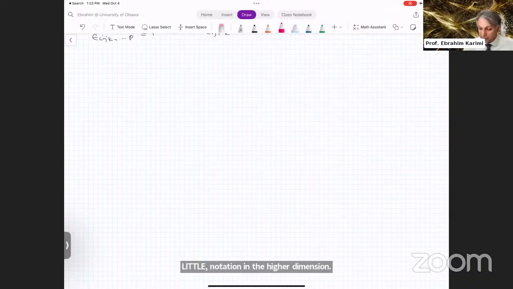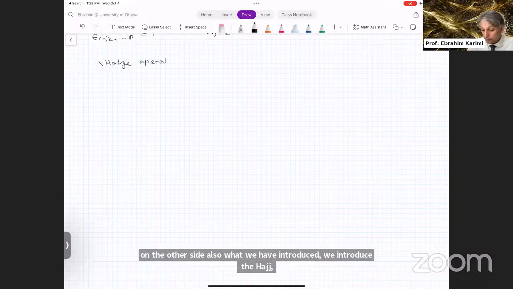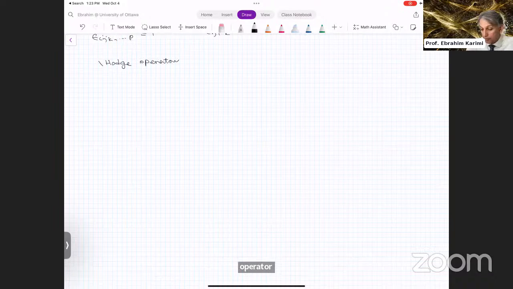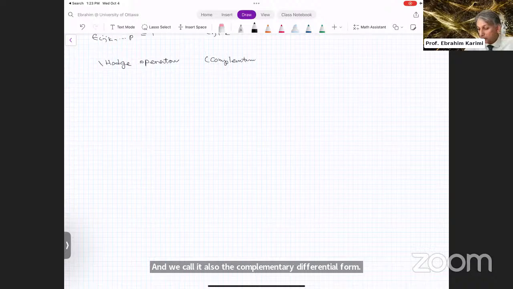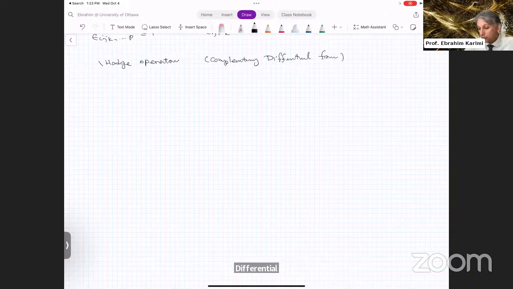And on the other side, we also introduced the Hodge operator, and we call it also the complementary differential form, or we say that that's a dual operator.